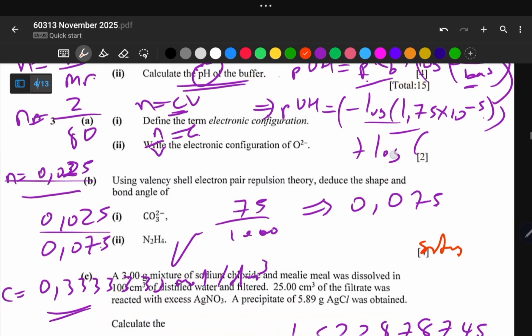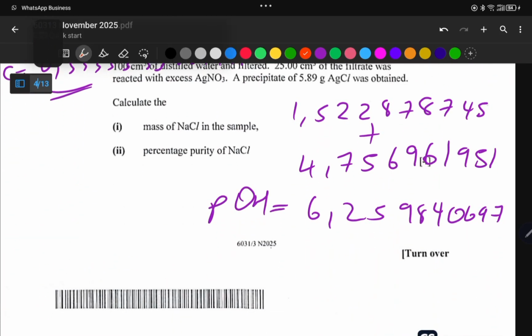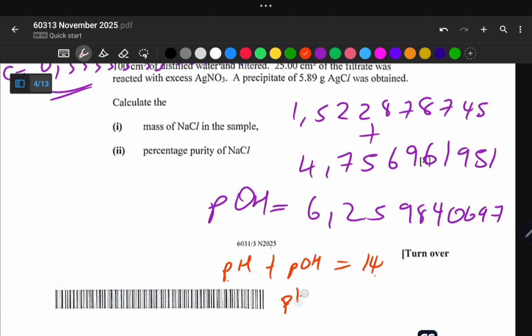So we're simply going to go back to the relationship. The relationship says pH plus pOH is equal to 14. So here we want to have pH, so pH is equal to 14 minus pOH. So this one is our pOH. We're simply going to subtract this one from 14.